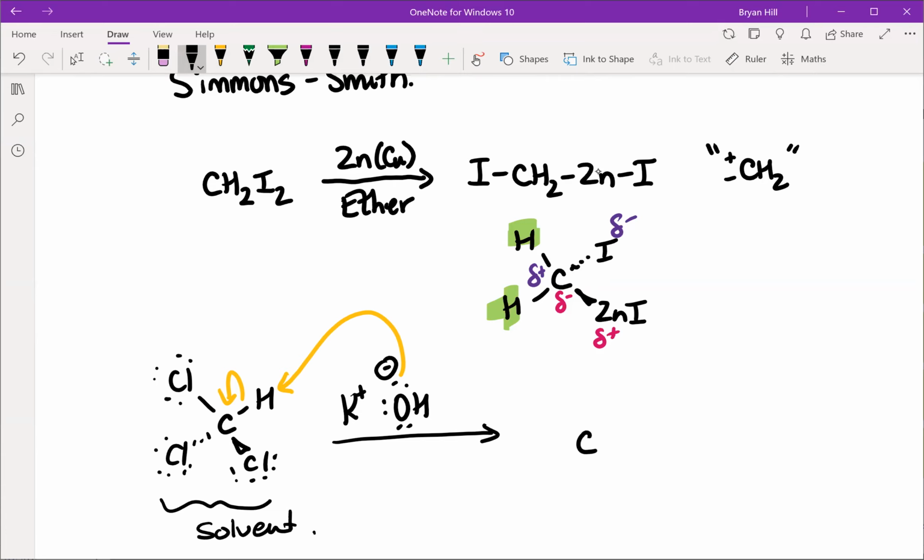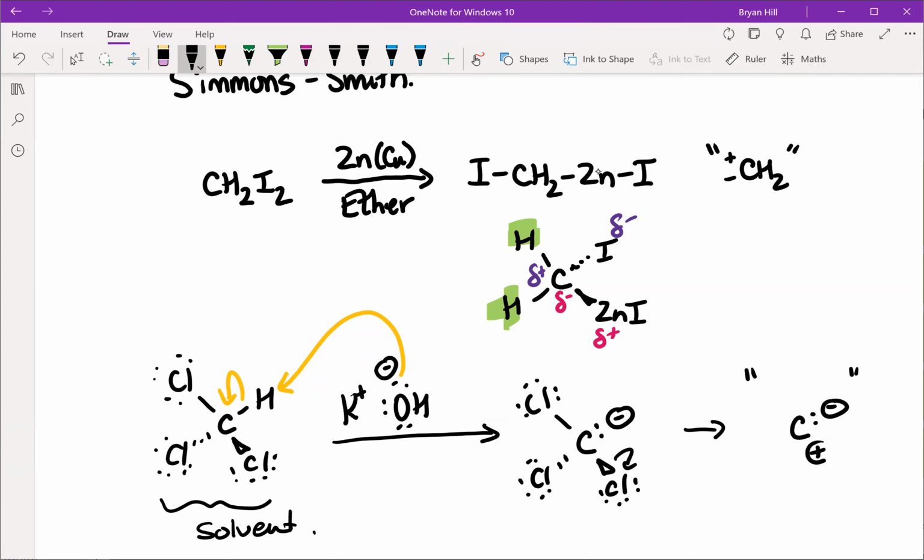This generates carbon with a negative charge. And this causes one of the chlorines to leave. Disproportionates, I guess we would say it. And you make carbon minus, carbon plus Cl.